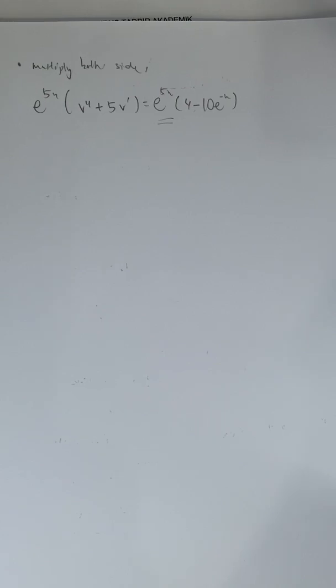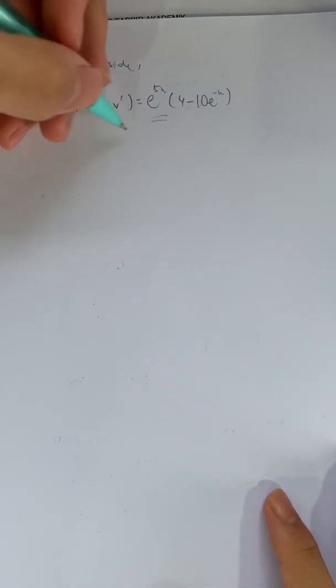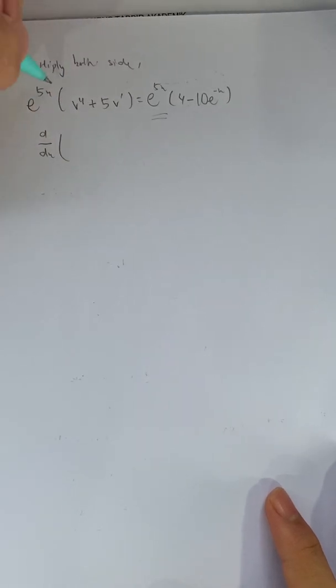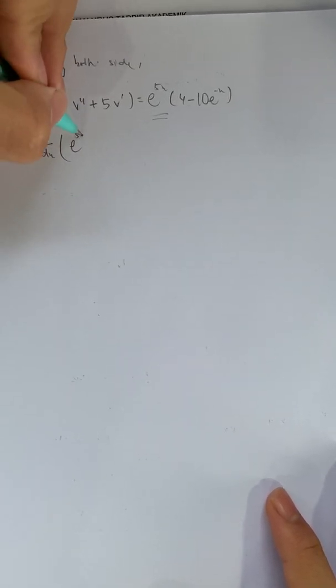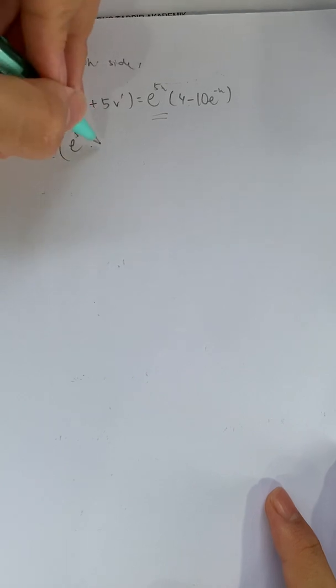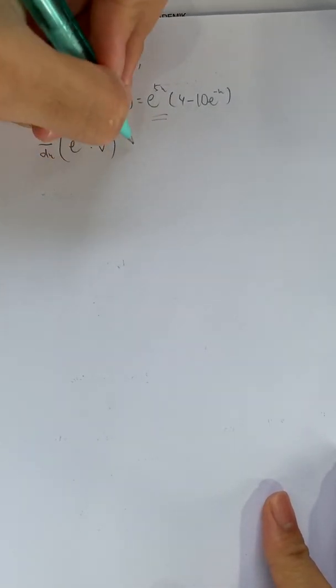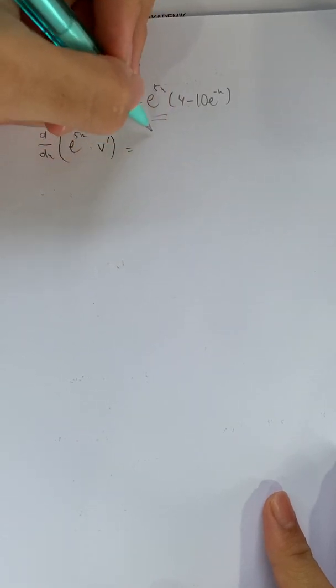Okay, from this equation we can write down like this, exponential 5x times v prime equal to this.